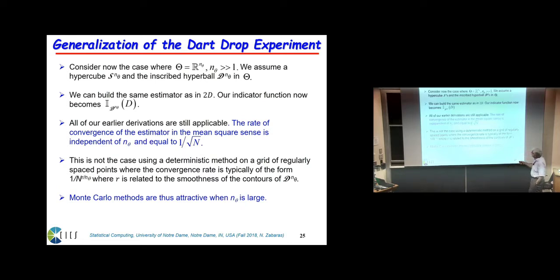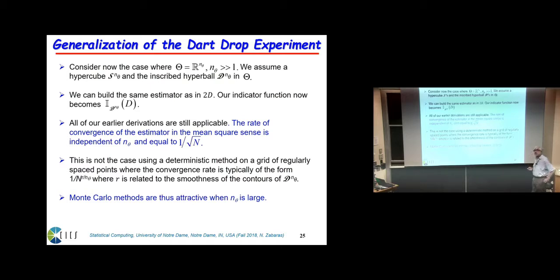contrary to all the deterministic methods that use quadrature rules or some collocation grid. And usually in all of those problems, and I'm going to show you some schematics to come, the rate of convergence is 1 over n to some constant R divided by n theta.